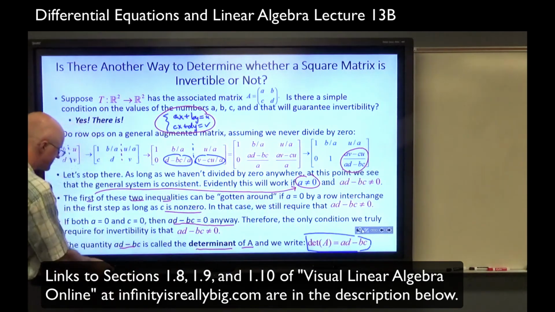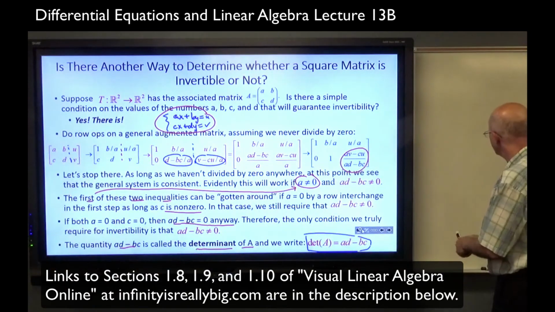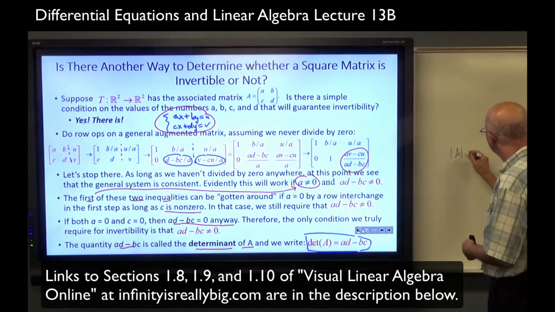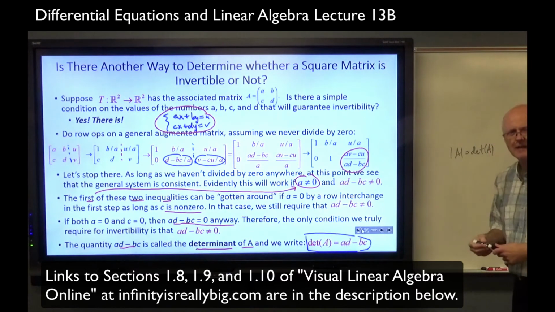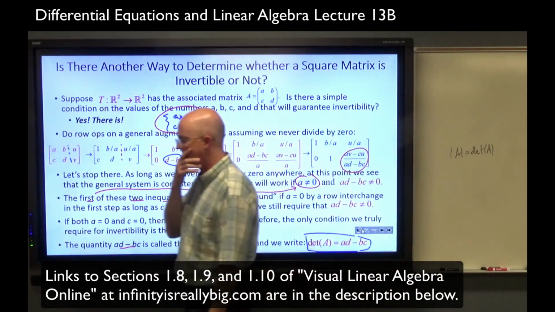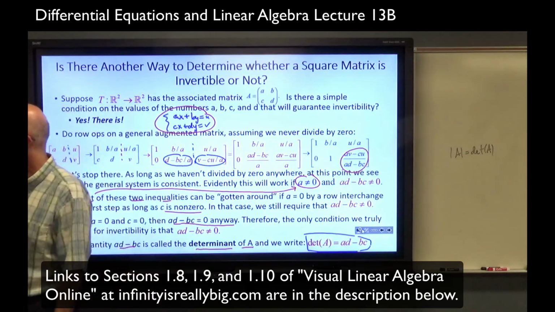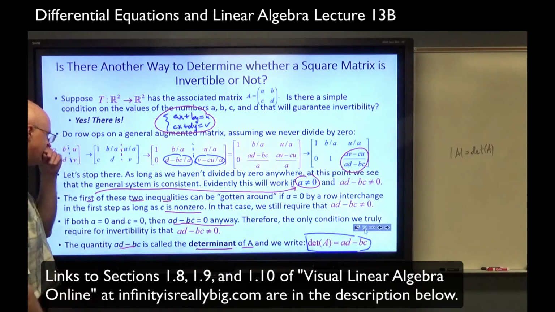You'll see some textbooks use absolute value notation for the determinant. However, that can be confusing because determinants can be negative. Why do people use it? Just because it's a little easier to write when doing certain calculations. It's really best to use det.